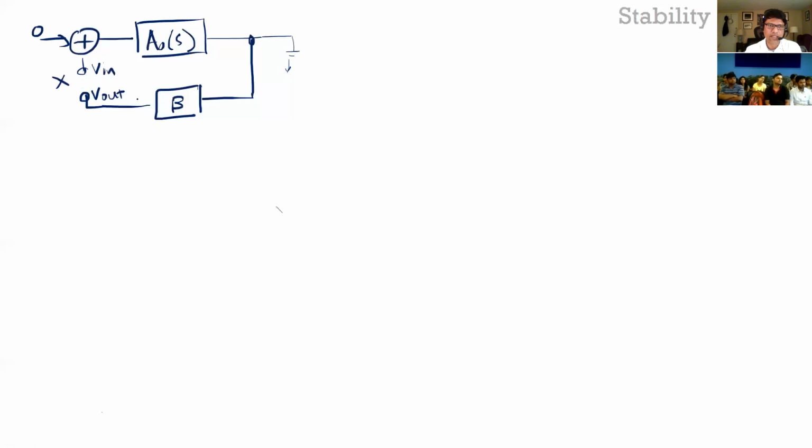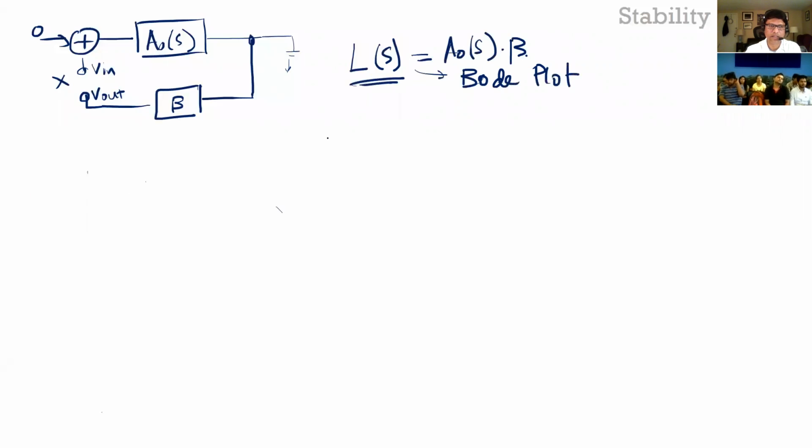Now, when you analyze this and draw the Bode plot, it is nothing but a frequency transfer function. So what you do is you find the Bode plot for the loop gain. You draw the Bode plot for the loop gain transfer function, and the loop gain transfer function is nothing but, in this case, A naught times beta, right?